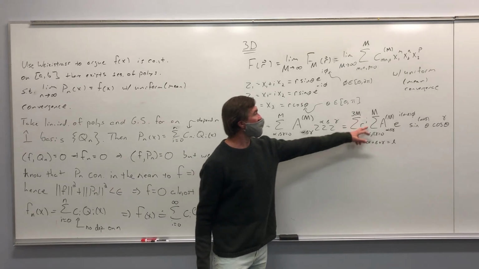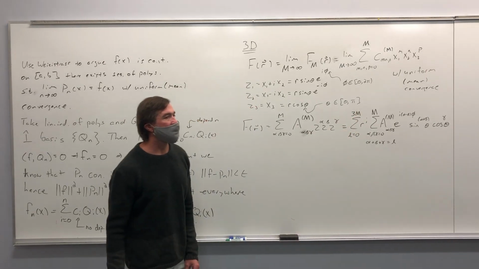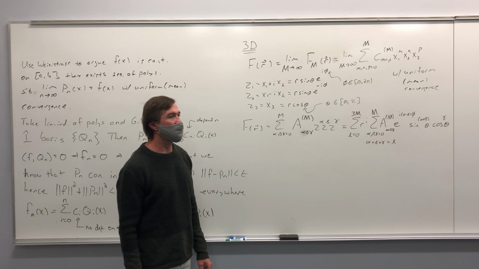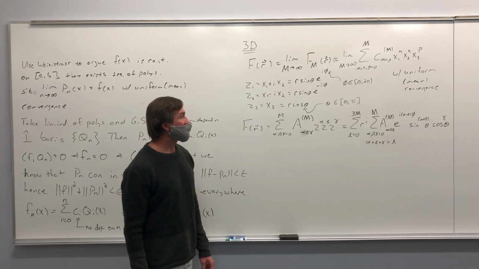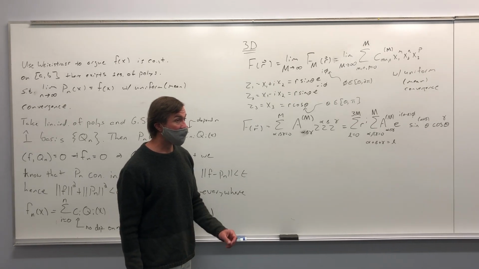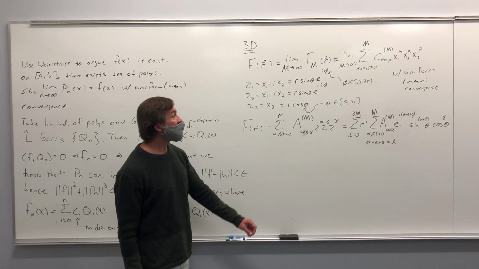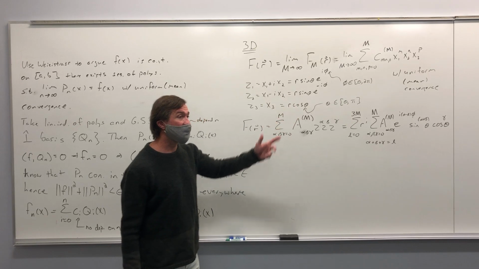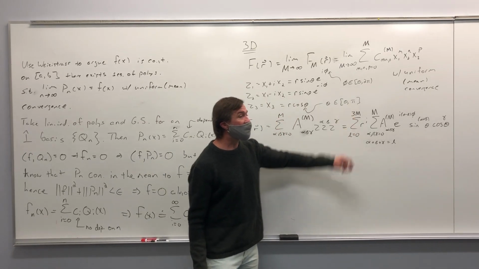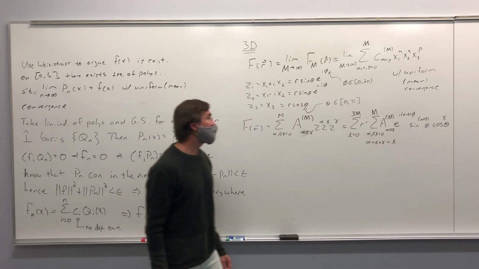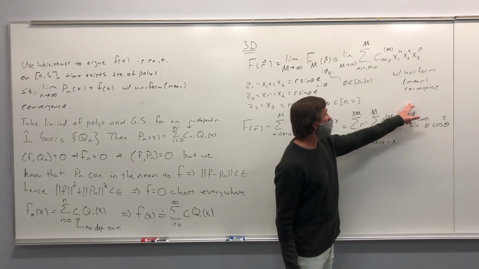So where does this term come from? There are three z's, each z has got an r in it, so you get r going up to the 3m power, okay? Where did this term come from?